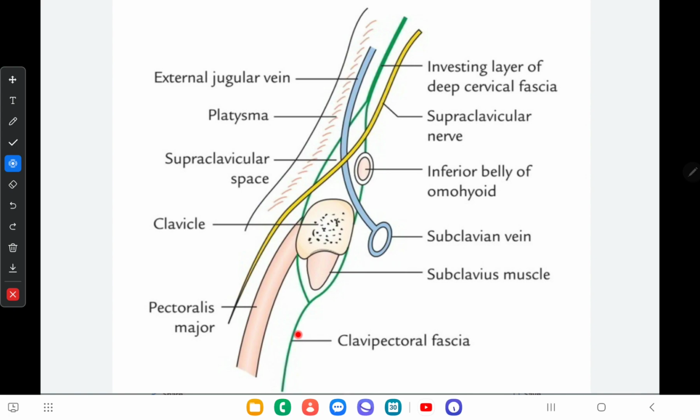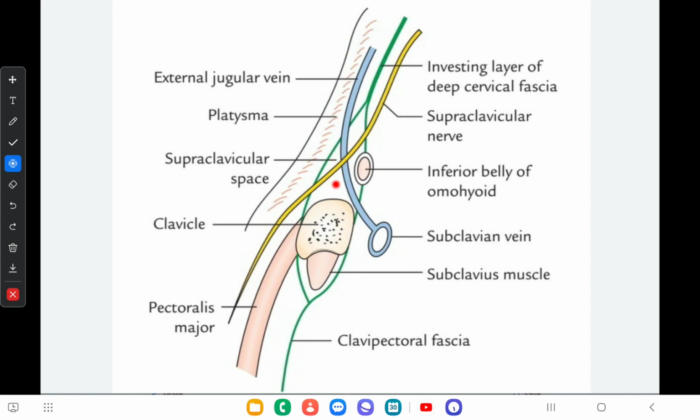Here you can see the supraclavicular space. Here above the clavicle you have the supraclavicular space. Above the sternum you have the suprasternal space. I showed you the suprasternal space previously, and here you can see the supraclavicular space.